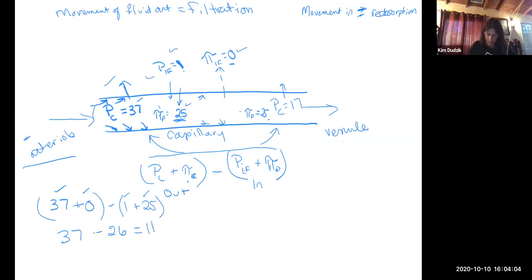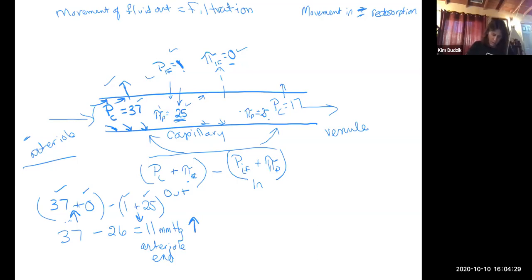That equals 11 millimeters of mercury of pressure on the arterial end. And it's positive. Remember, this was our pressures that want to move out, and this was our pressures that want to move in. So this is a net pressure wanting to move out.